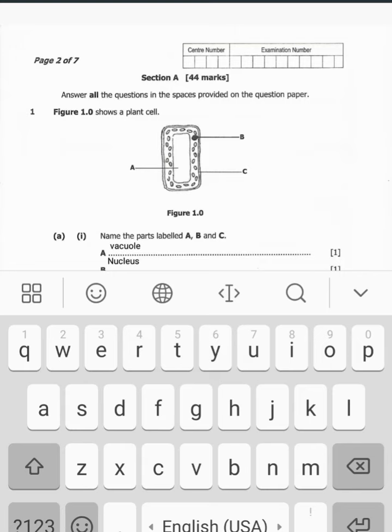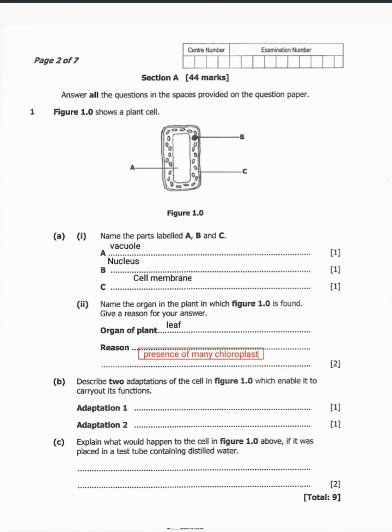Let's state one: the presence of many chloroplasts. So that is going to be our reason. The other one is the rectangular shape, which increases surface area for the absorption of sunlight energy.